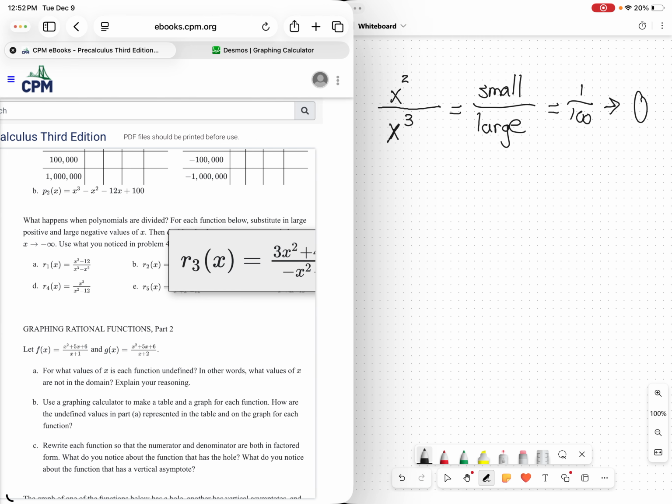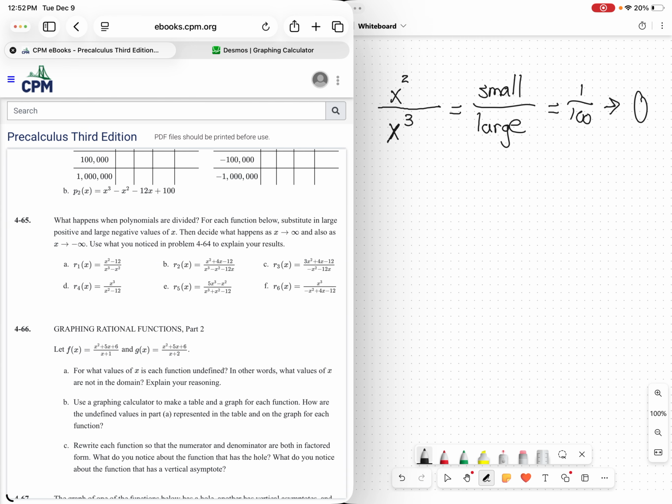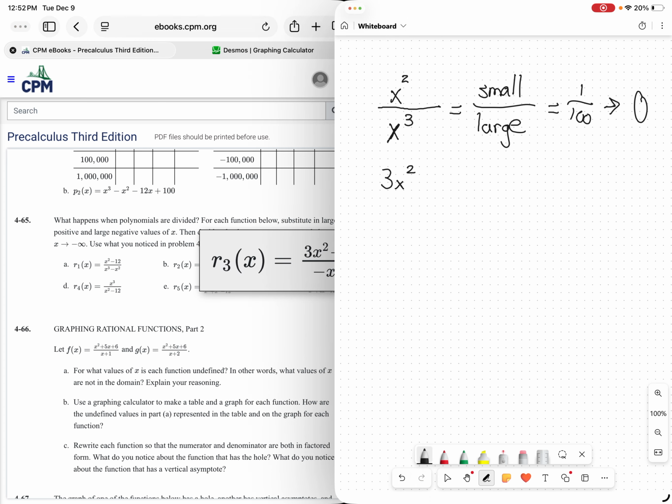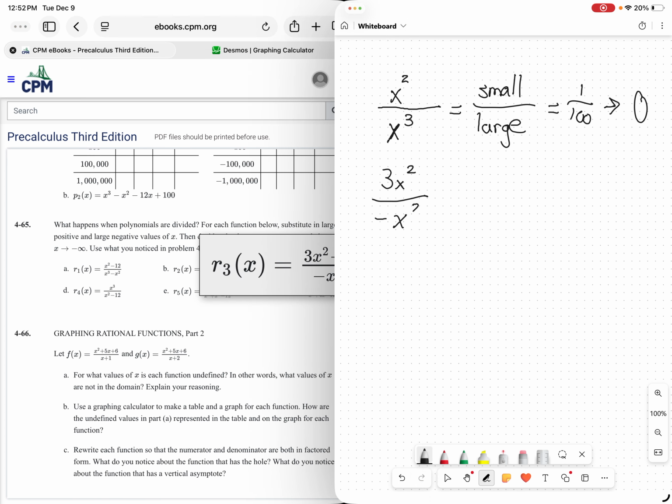Okay, look at C. So here, the term that's going to affect it is x squared over x squared. Well, you're going to end up with the same number over the same number. So this becomes a leading coefficient ratio. So whatever you plug in here, you're going to approach 3 over negative 1, or negative 3.